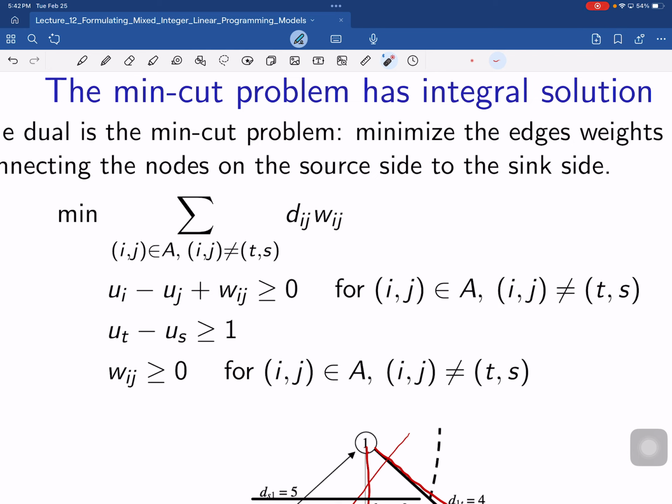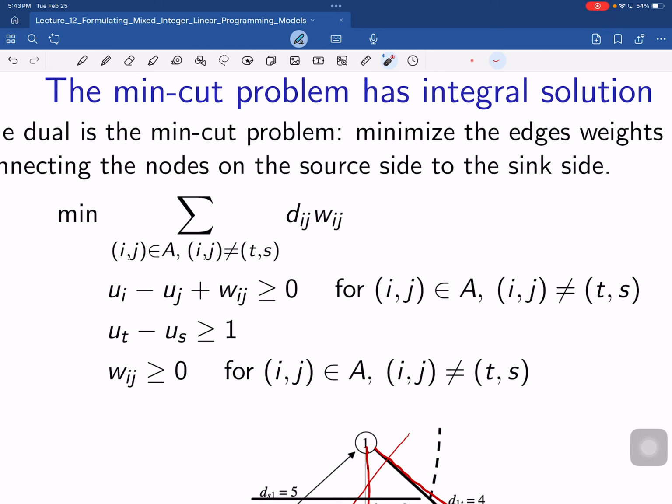So now you get these inequalities: Ui minus Uj plus Wij greater than or equal to 0, Ut minus Us greater than or equal to 1, and all the Wij greater than or equal to 0. If you look at this problem, it doesn't look obvious that this is a min cut problem. All the variables are continuous in the first place.